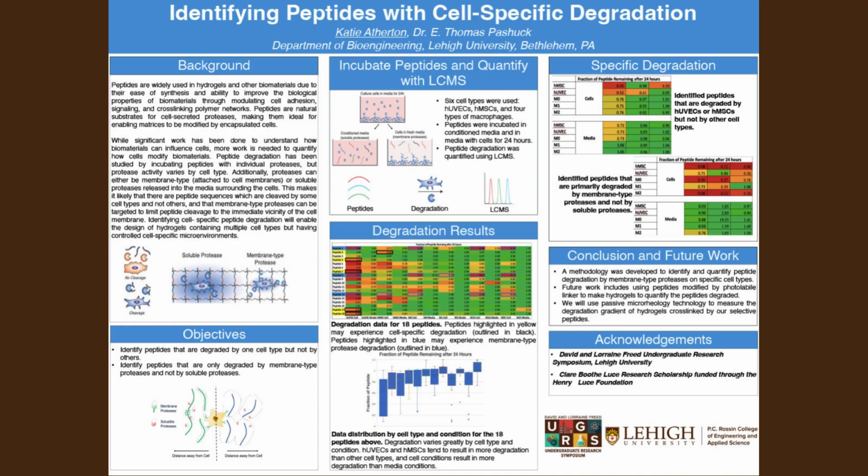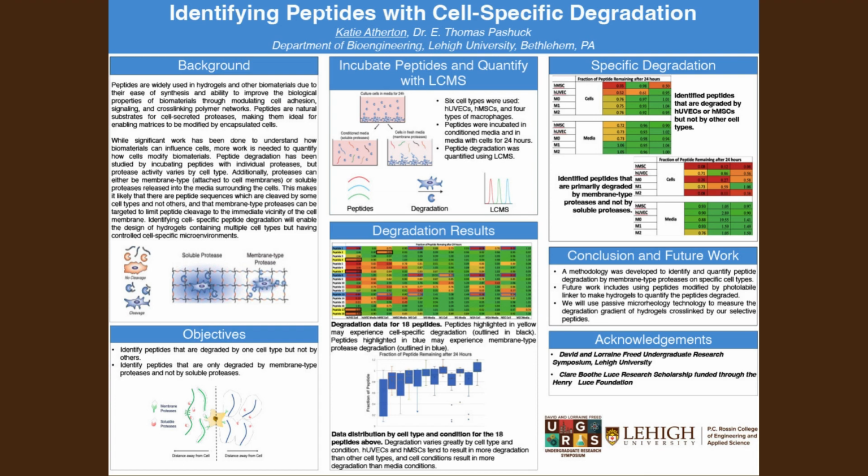So of 18 peptides that we looked at, we identified 4 that were degraded significantly by HUVECs or HMSCs, but not by the macrophages. And we identified 3 that were degraded only by the cell-containing condition and not by the conditioned media, meaning that they would be degraded by membrane-type proteases.